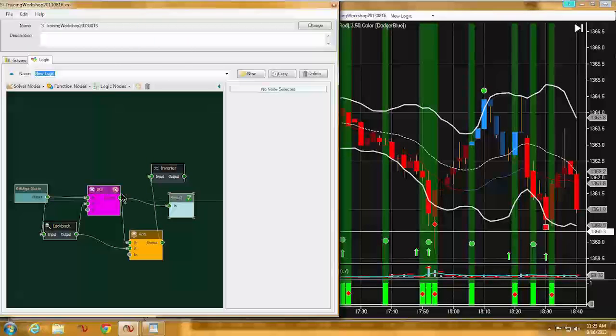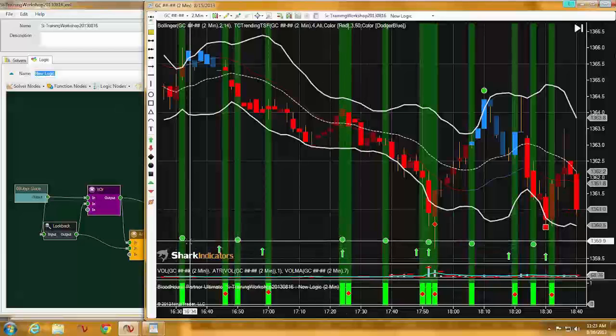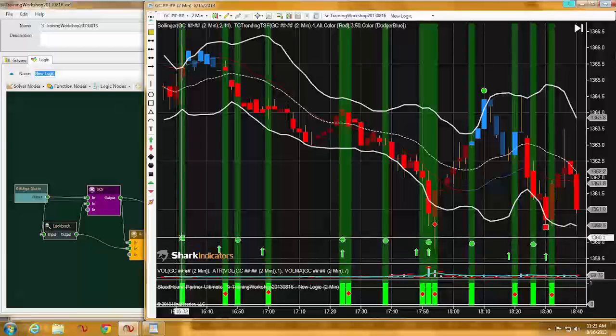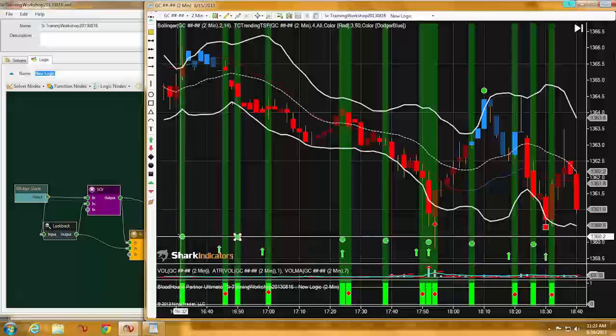All right, so we're looking at the XOR node. You notice the XOR node, right? We're getting a signal. This is what we want to eliminate, a signal on the first entry bar, right?